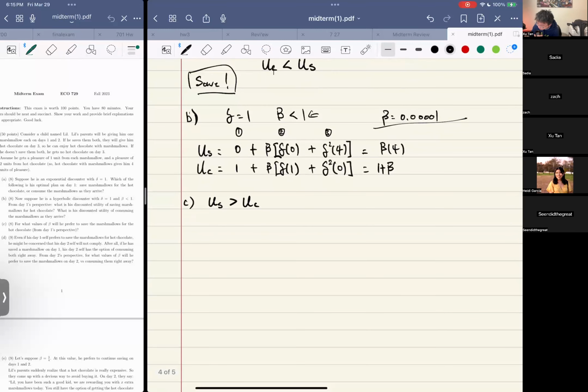Simple, just plug it in. 4B is greater than 1 plus B, which is 4B minus B greater than 1.